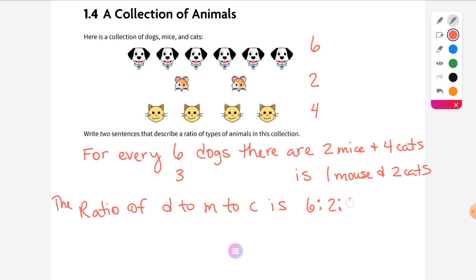Yeah. Okay, who can give that sentence just a little bit better? Bianca? 3 to 1 to 2. Yeah, you could have said the ratio of dogs to mice to cats is 3 to 1 to 2.